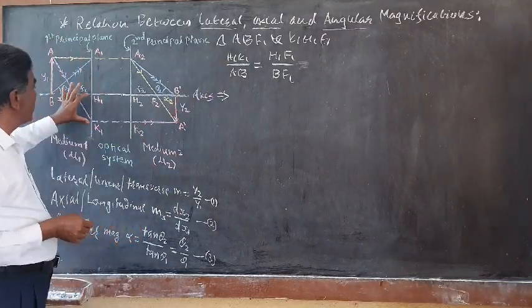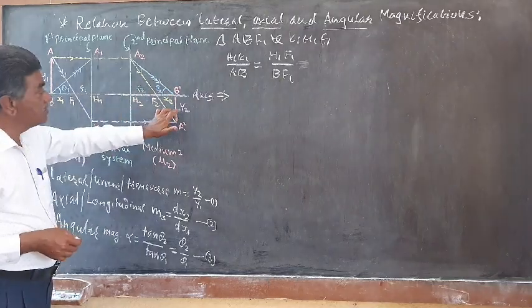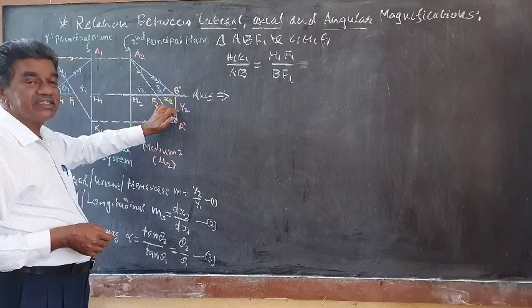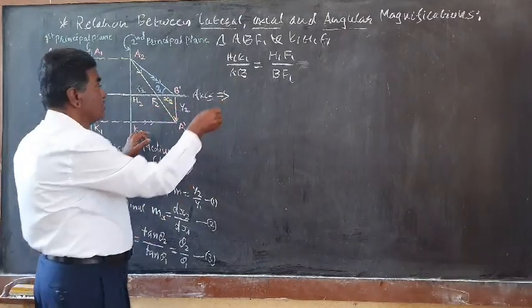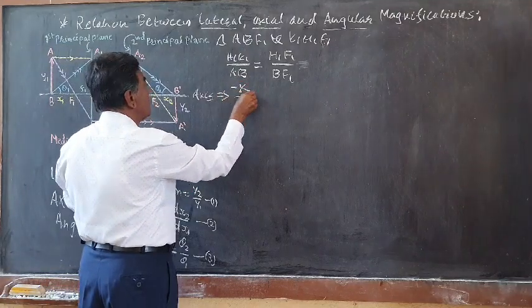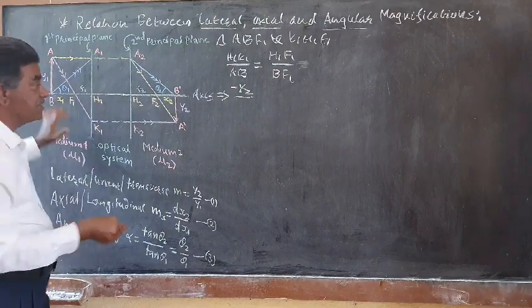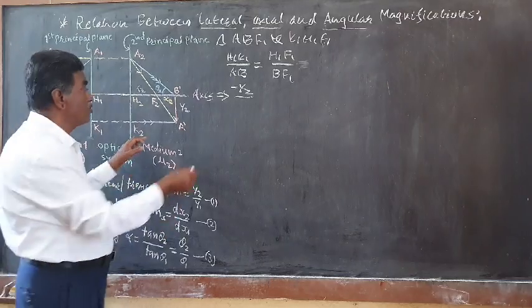the value of H1K1 is nothing but the height of the image, that is y2. But this y2 distance lies below the axis, and it is taken as negative according to the sign conventions. So minus y2 divided by AB, which is the height of the object, that is y1, and distances measured above the axis are taken as positive.